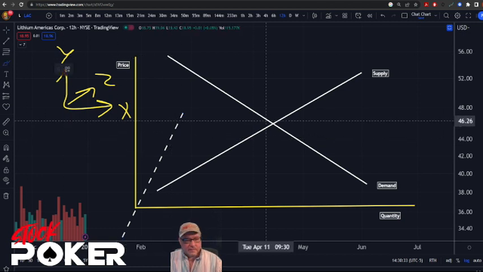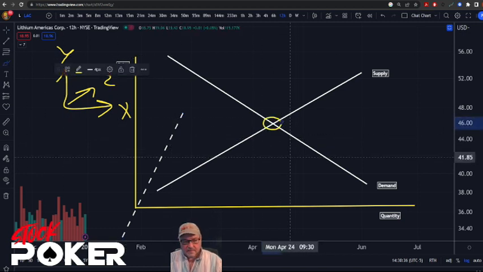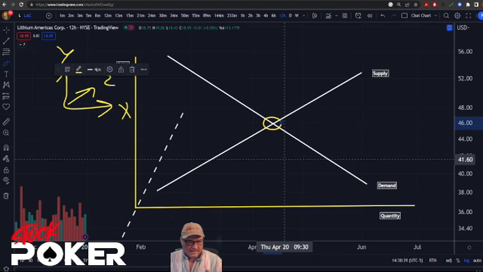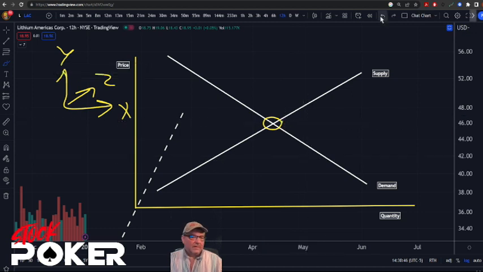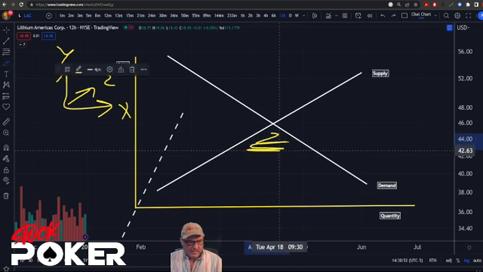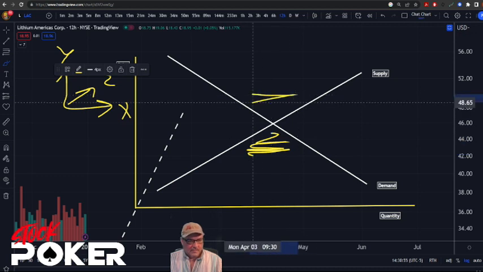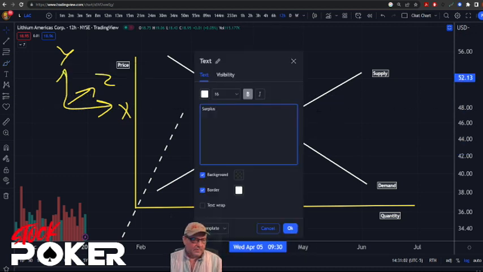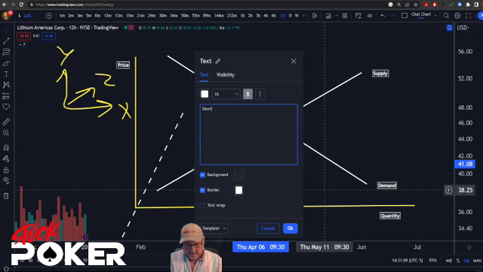That's part of a larger calculation, and it always wants to find that center point right there. That's the equilibrium point. So what happens in a divergence is, for whatever reason, a shortage happens or a surplus happens. Up here, this is a surplus. This would be your shortage area.